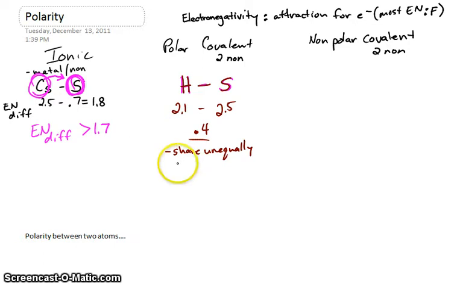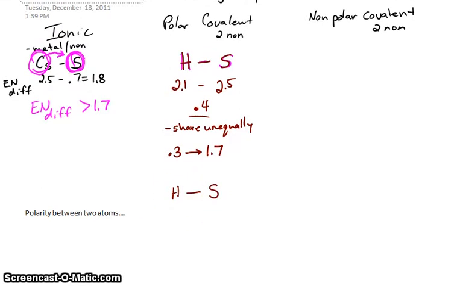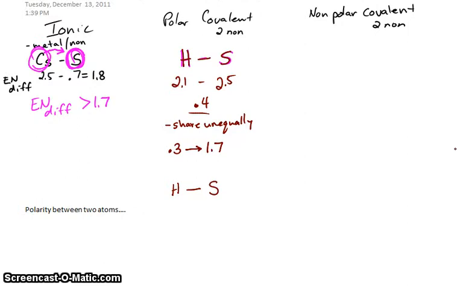And so how do we identify polar covalent? We normally say 0.3 through 1.7 is going to be polar covalent. What does that look like? Well, let's look at it. Let's let this dot be, no, let's just use an H. If H is hydrogen and S is sulfur, sulfur's more electronegative, so it's going to pull electrons towards it.